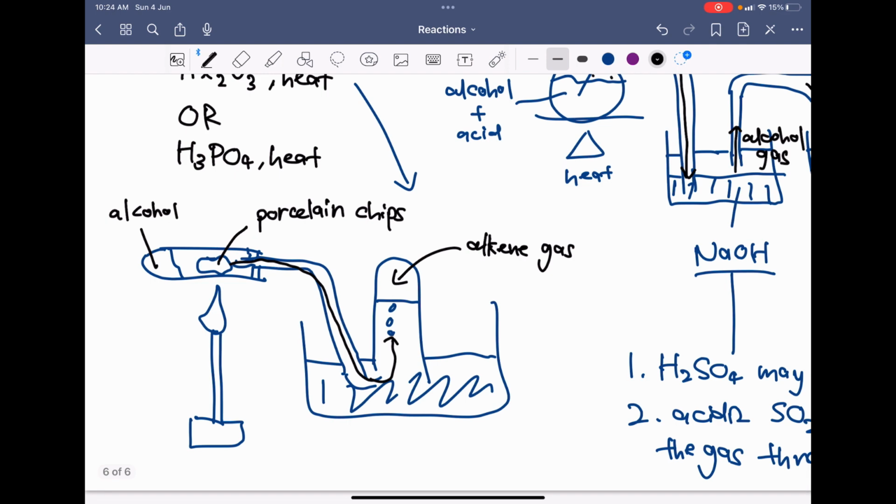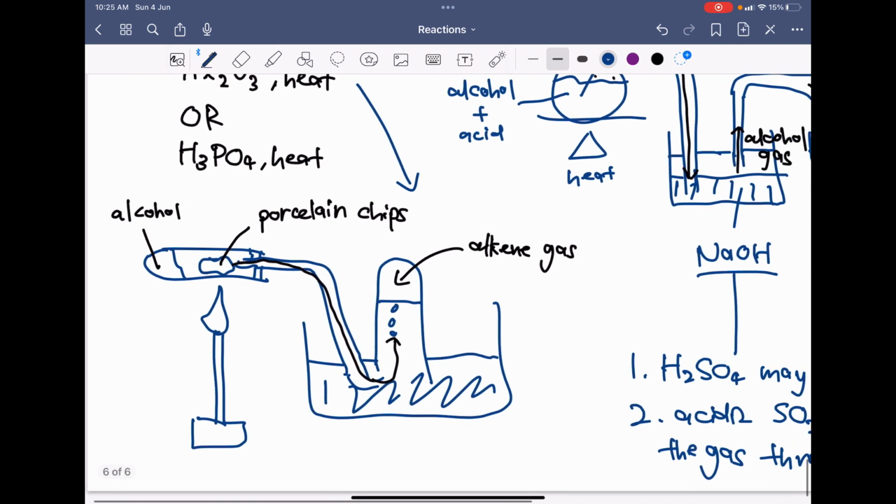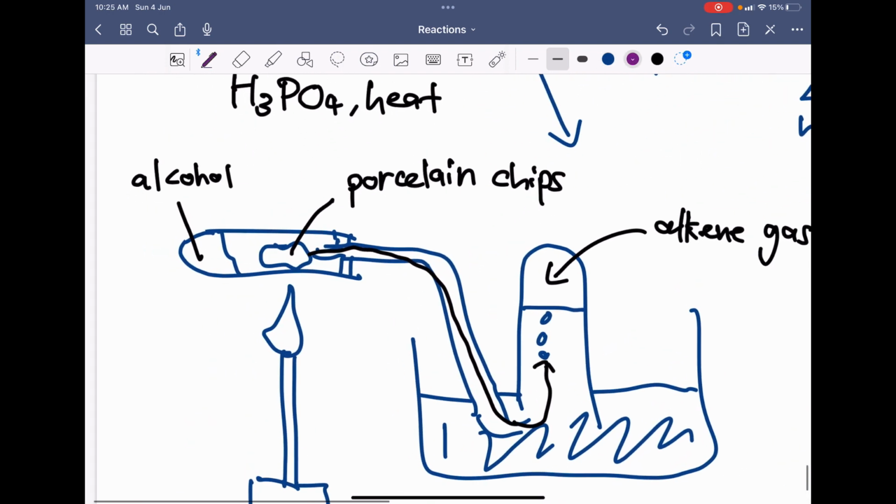So as this reaction goes on, the inside of the test tube will turn black as the reaction proceeds. Okay, I have run out of space, and let me use a different color.